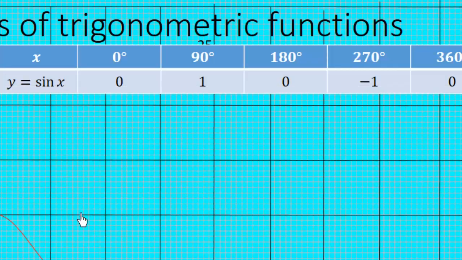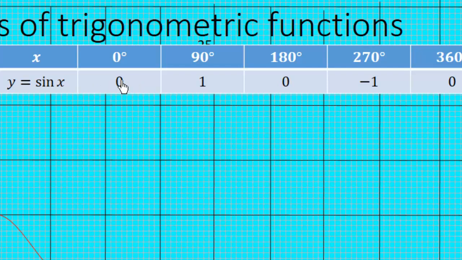In order to do that, we need to draw a table of values. We have the interval from 0 to 360 degrees, in terms of radians from 0 to 2 pi. This is the function f of x equals sine x, or y equals sine x.